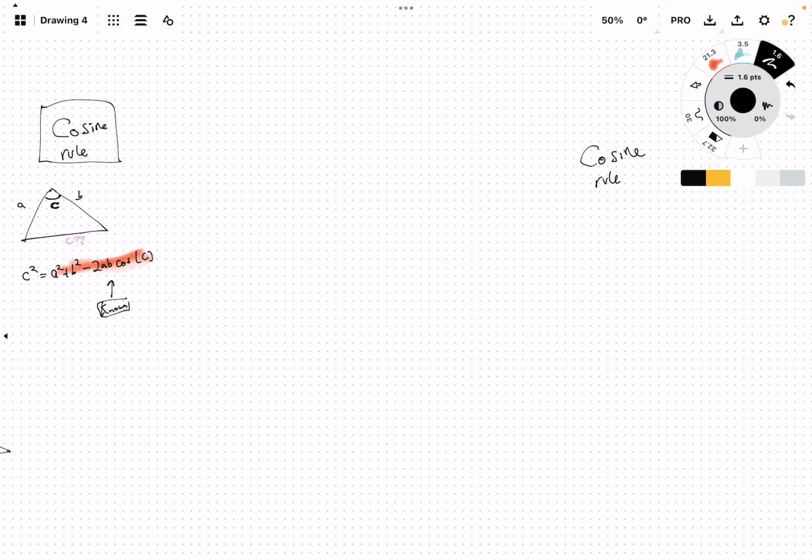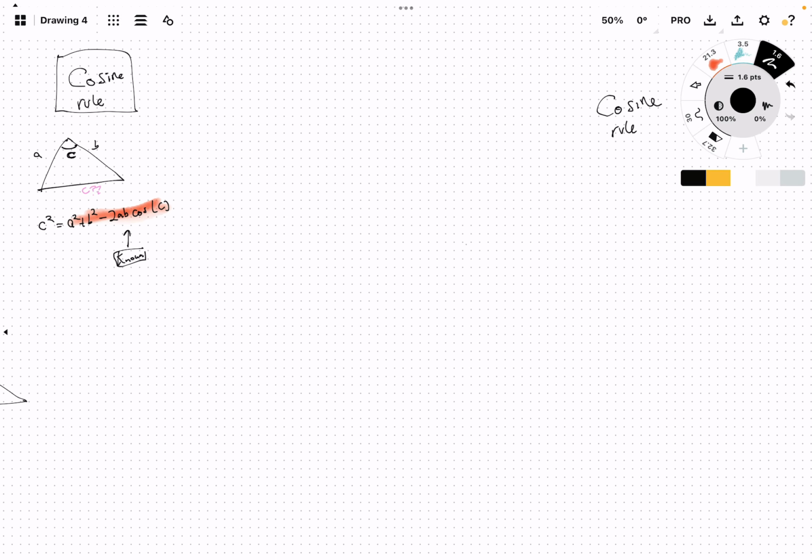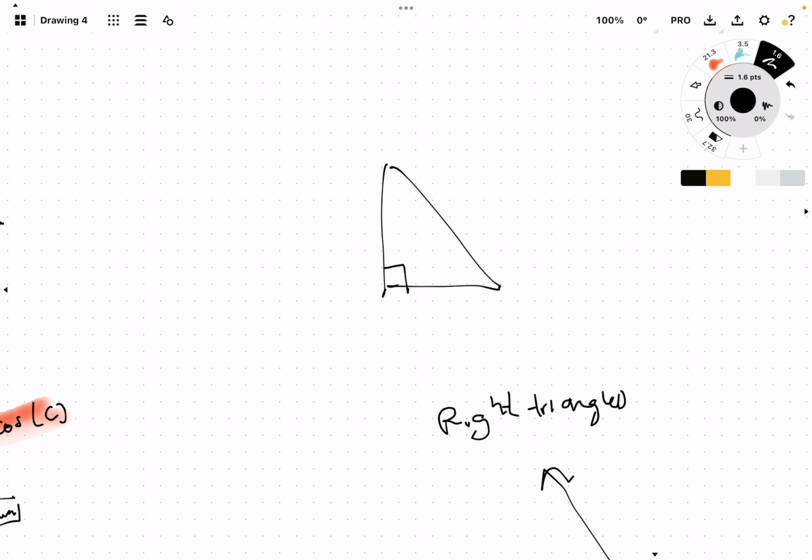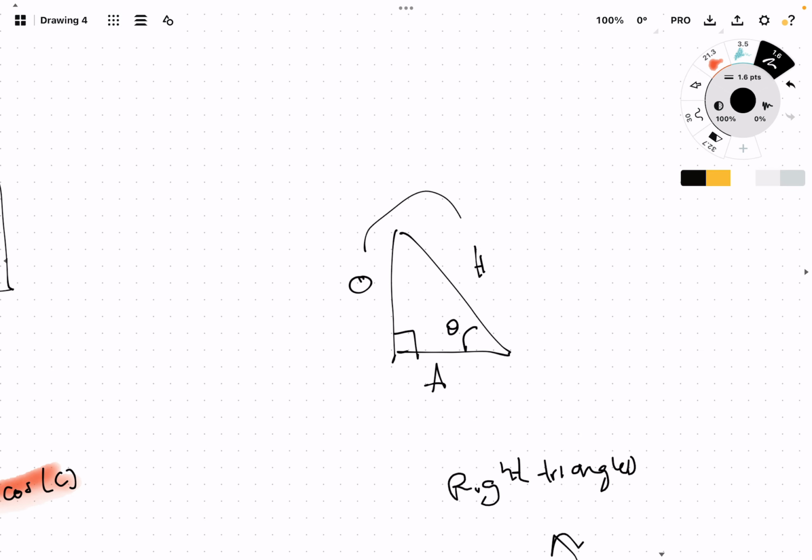Now for a bit of context, as we probably covered in class already, in trig you usually deal with right triangles, because that's what trig was defined for. All of the trig ratios, sine, cos, tan, only work for right triangles. So you have an angle theta, the opposite, the adjacent, the hypotenuse. Sine would be opposite over hypotenuse.